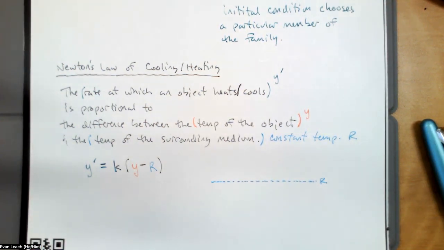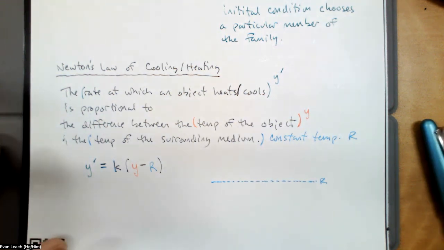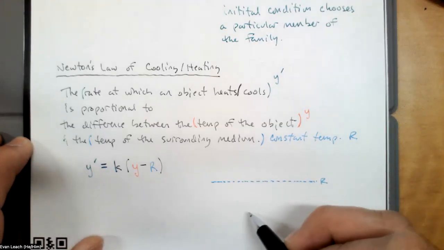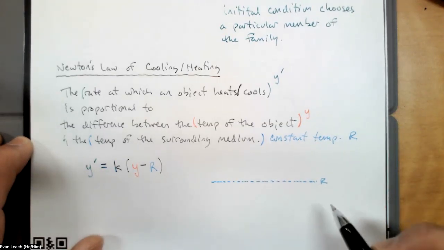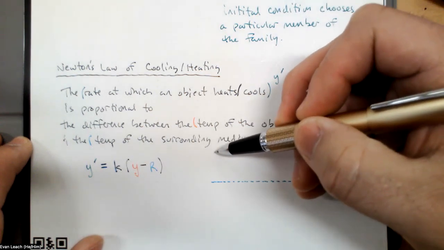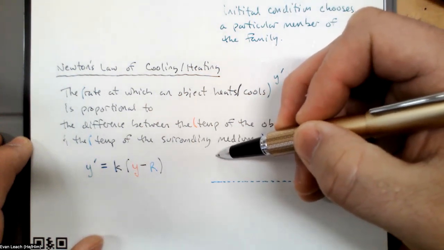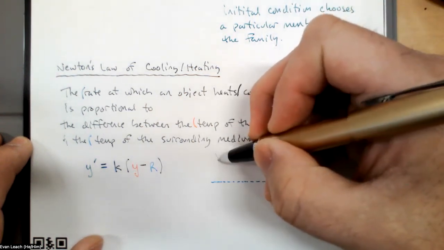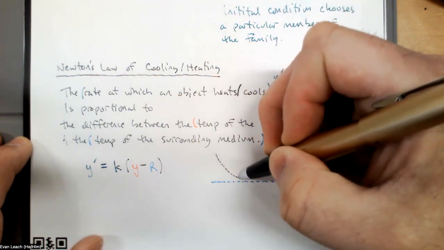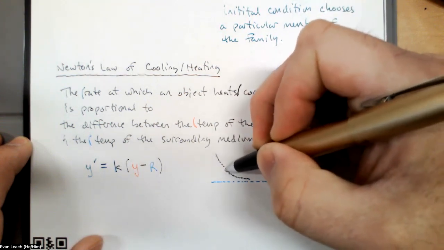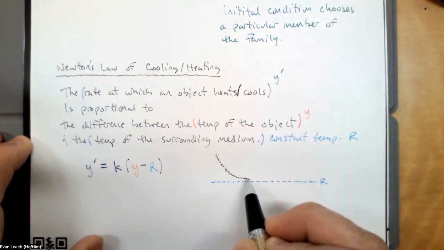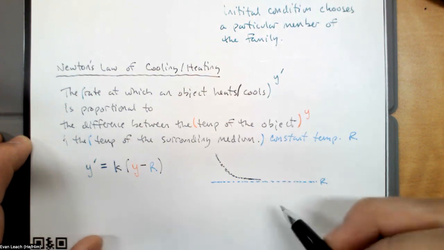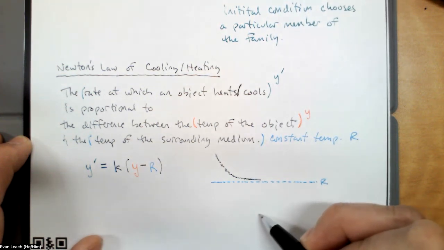If we have a constant room temperature, that's going to be our asymptote. We know our solution is going to look like some function. Either we're going to have some hot object cooling off to room temperature following an exponential function, or we'll have a cold object coming up to room temperature.